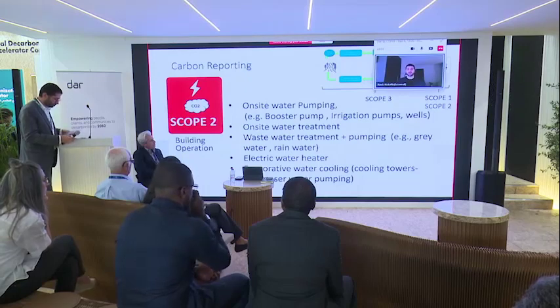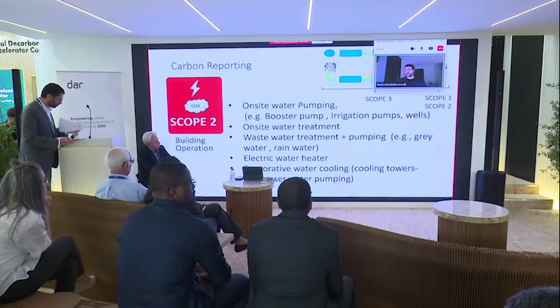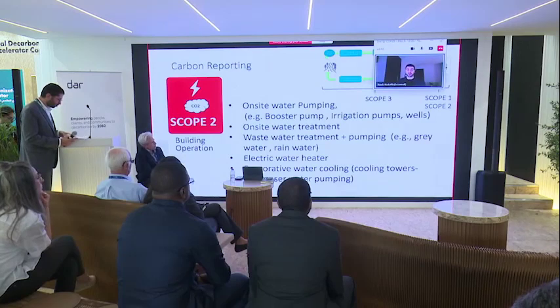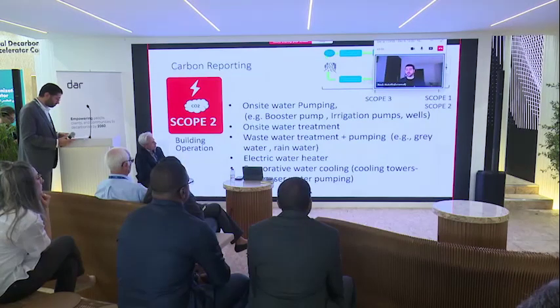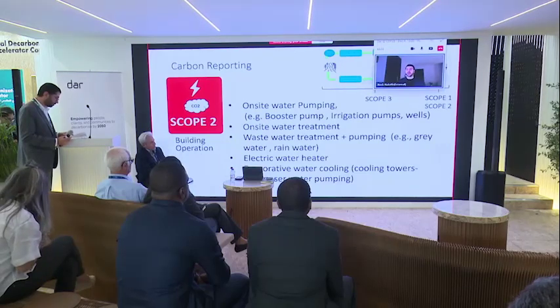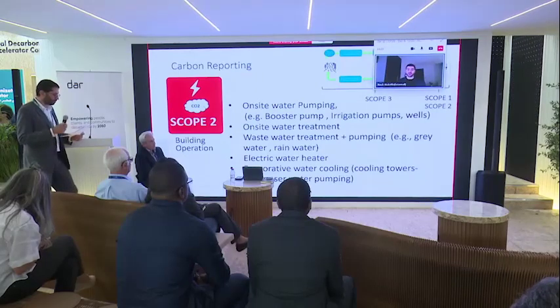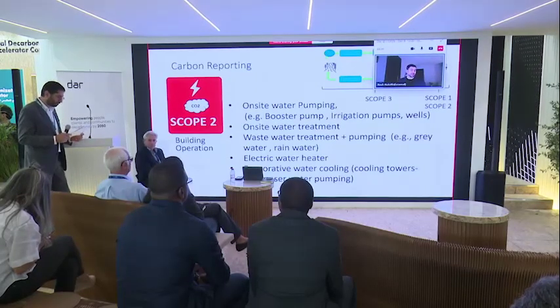So things like booster pumps, irrigation pumps, and how we're handling well water, if need be. We're also exploring what you're doing on site from a water treatment perspective, and then we can get into the evaluations of: do you do on-site water treatment? What's the value of that versus a broader scale community-based water treatment program? Is it needed from a community standpoint?